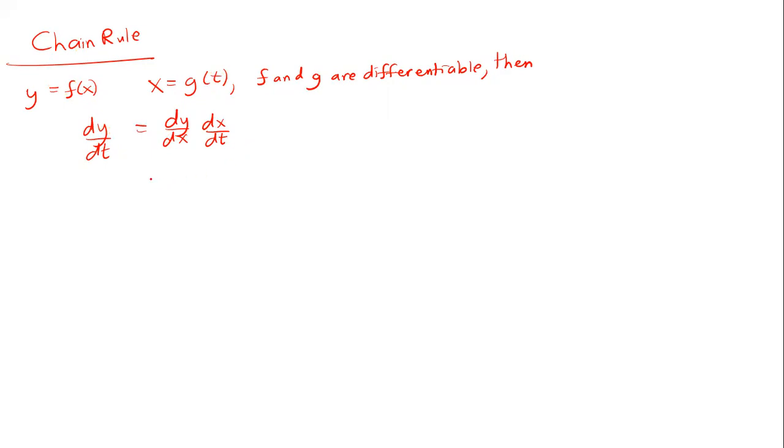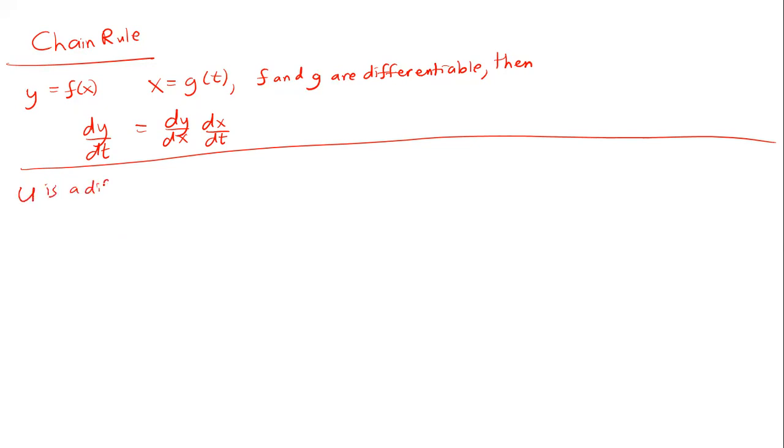And so now we're going to write out the general version of the chain rule for a multi-dimensional function. In this case, we have u is a differentiable function of n variables. So u is a function of x1, x2, x3, dot, dot, dot, xn, however many there are.